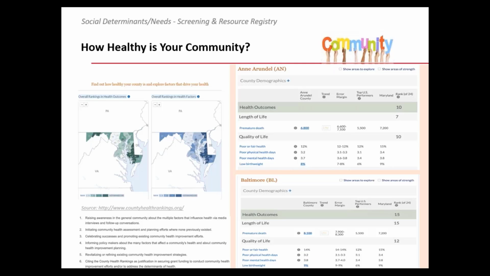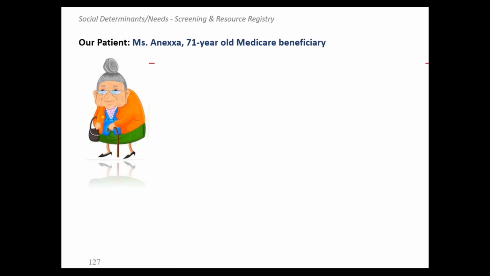Tools such as these help us as community health workers to be able to raise awareness about factors influencing health. They help us to initiate community assessments and planning in areas of concern. And these tools also help us to revitalize existing community health improvement strategies. Now let's take a look at our test patient one more time.